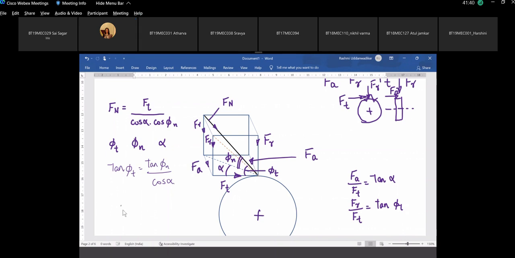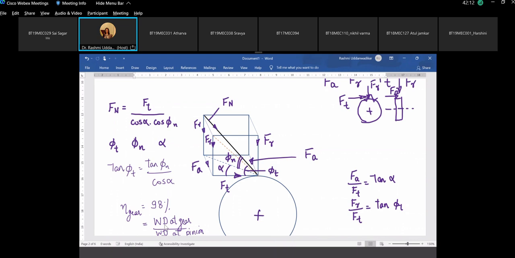And efficiency of a spur gear is again almost 97 to 98%, which, if pinion is driving a gear, will be defined as work done at the gear upon work done at the pinion. So work done at the pinion, because this is the input gear on the input shaft, will always be larger than the work done at the gear.